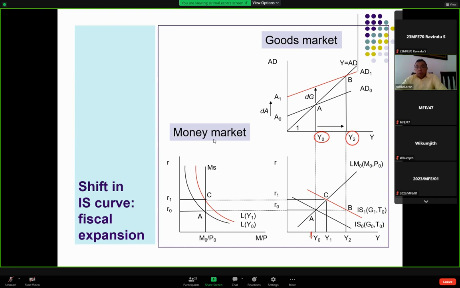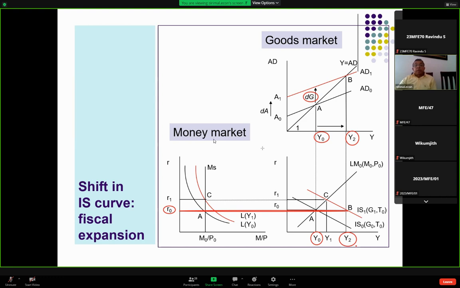If there is no interest rate impact from the money market, the impact of the increase in government spending is that output will be here. That means our R0 remains the same, so we have nothing to move. We are still at the same point.